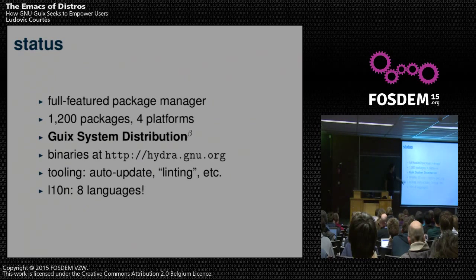We serve binaries. We have a lot of tooling because, since we can easily manipulate packages, we have tools to, for instance, automatically update recipes or to lint recipes, which is to say to flag problems in recipes. And we have internationalization of all the software and the package descriptions.